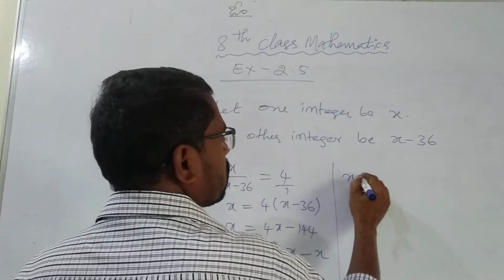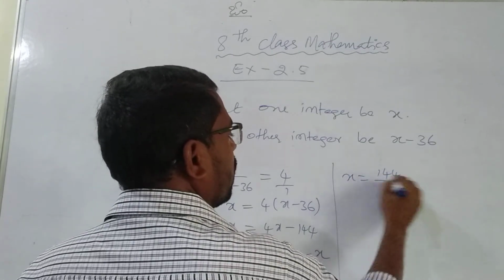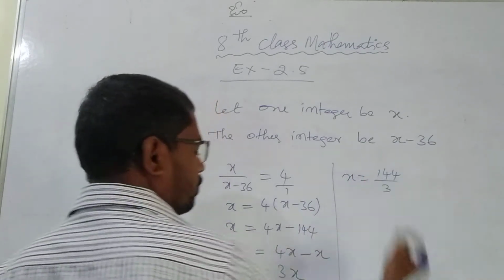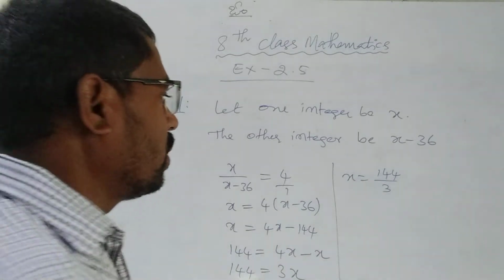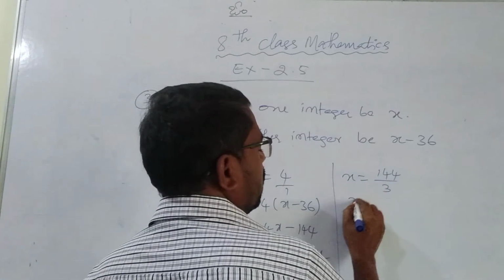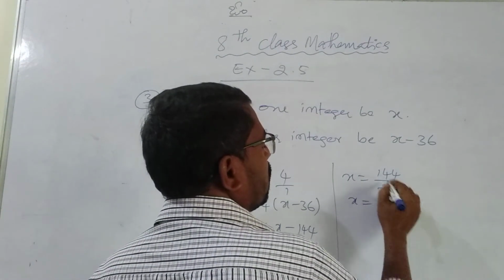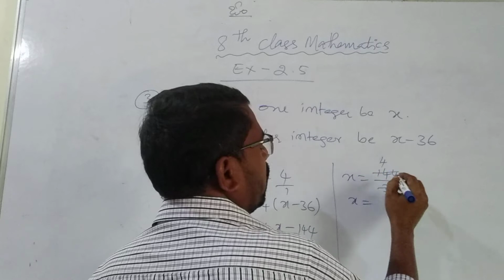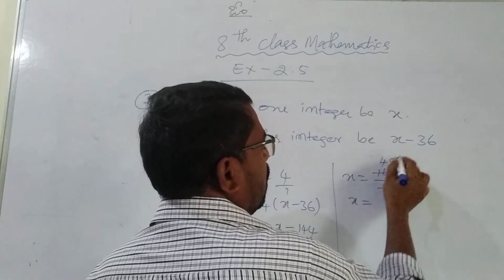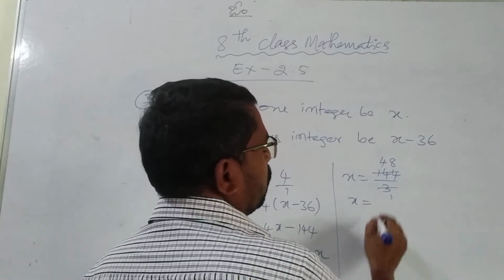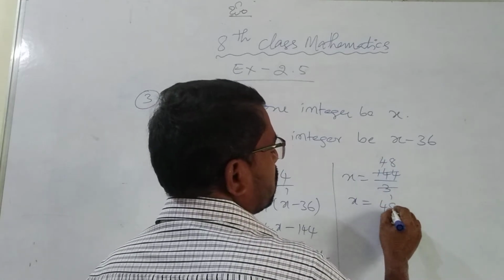So x is equal to 144 by 3. You can cancel this: 3 1s are 3, 4s are 12, remaining 2, 3 8s are 24. So x is equal to 48.